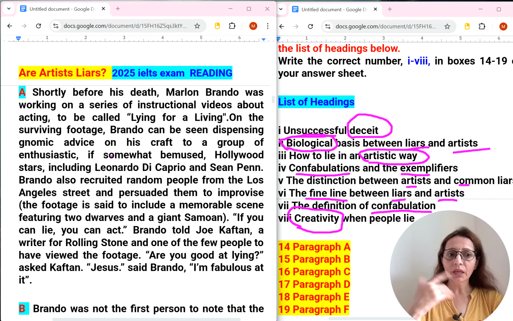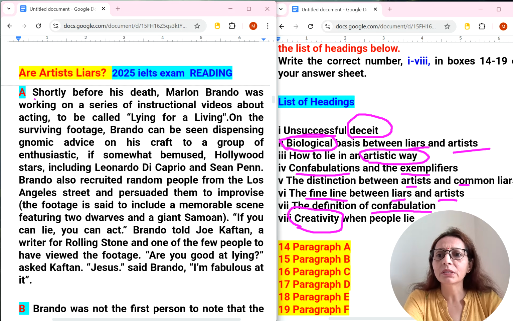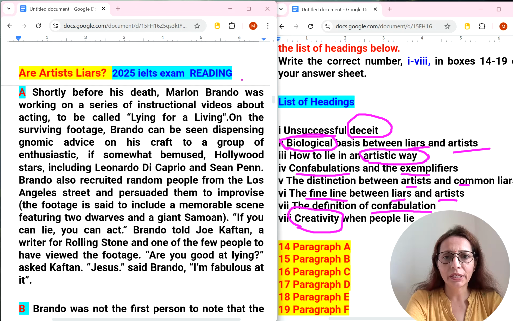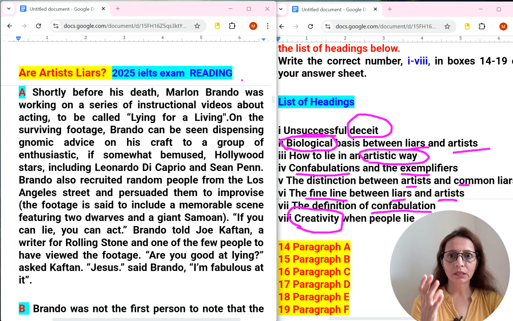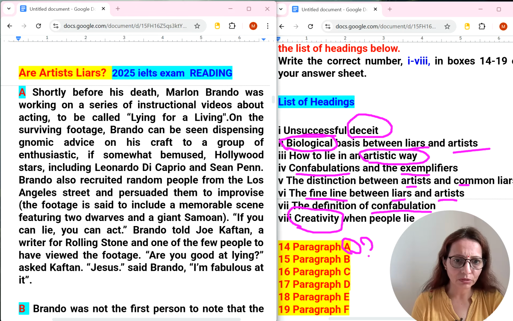So let's read paragraph A first. One more thing I want to say here: if you are confused about a heading for a paragraph, you can circle it or mark a question mark in front of that question, meaning I'm confused in that question and I have not selected any answer.